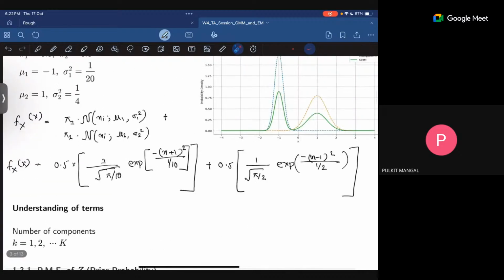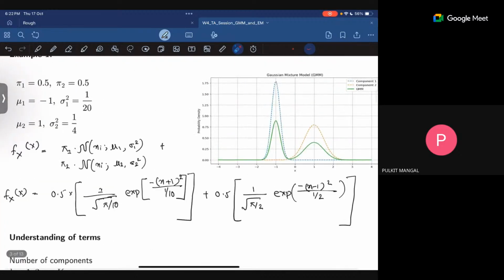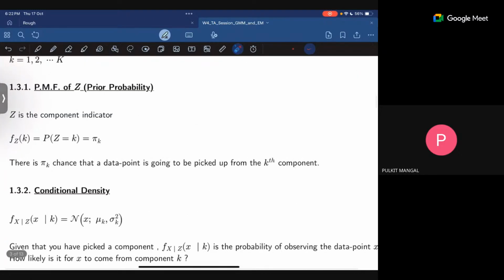Pi1 denotes the probability of choosing your data point from the first component, pi2 from the second component, and pi k denotes the chance that a data point is picked from the kth component.